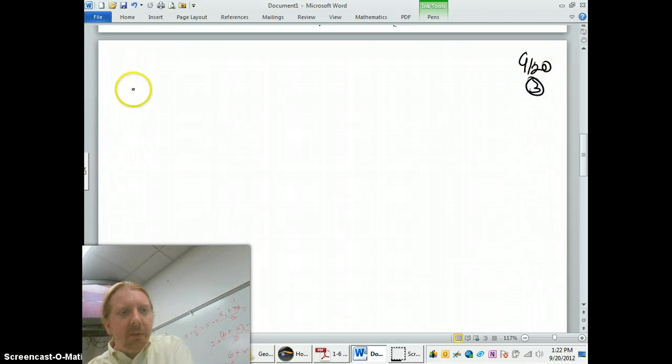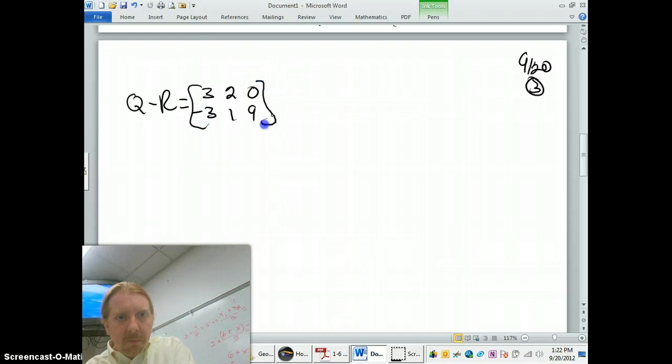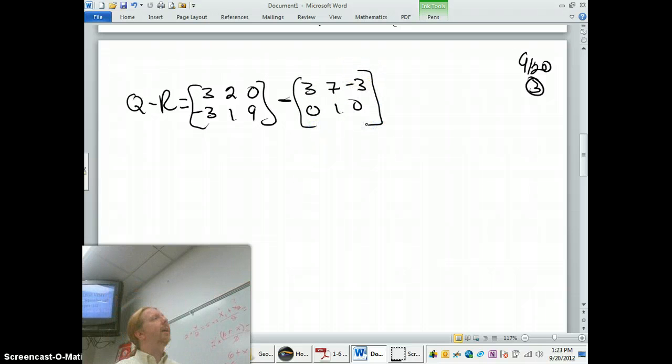It says Q minus R. And so Q, which is a 2 by 3, minus an R, 3, 7, negative 3, 0, 1, 0. So we're subtracting those.